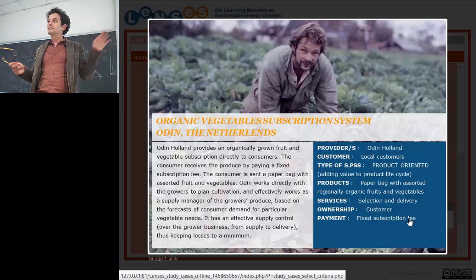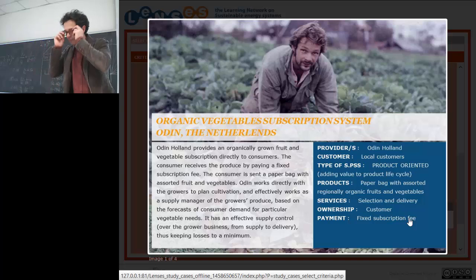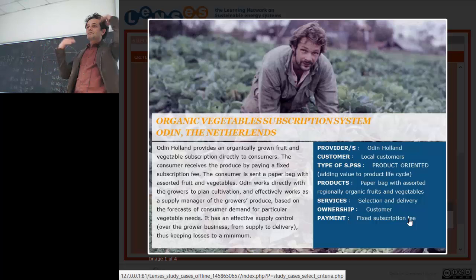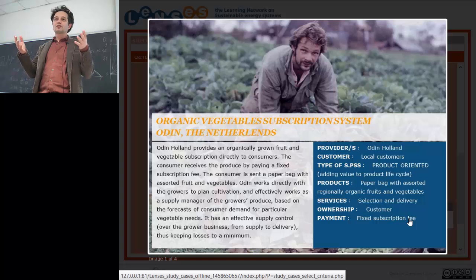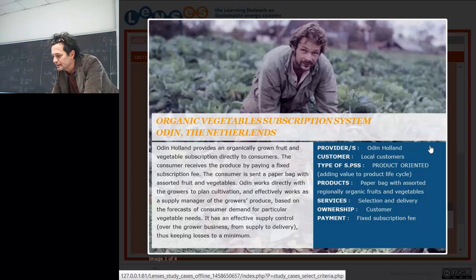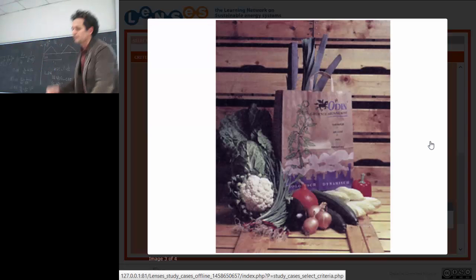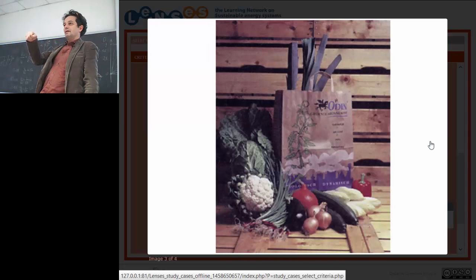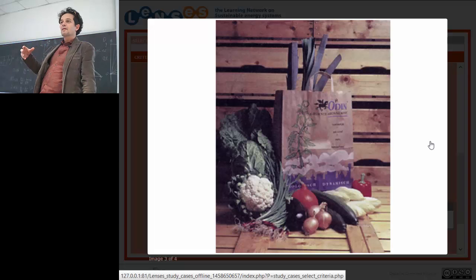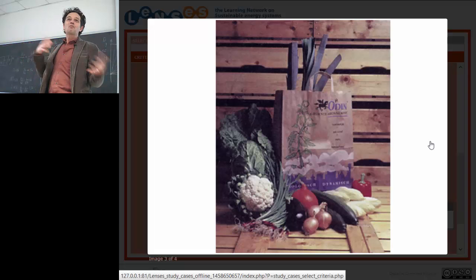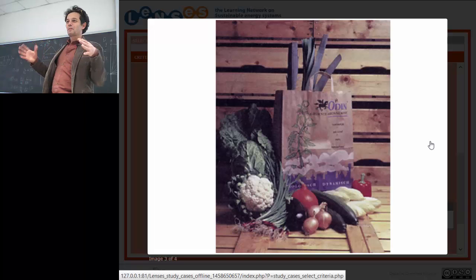This is called Odin, and what they are offering is that you pay a given amount of money, and you receive once or twice a week a sack, a package with fruits and vegetables, but actually you did not decide which are the fruits and the vegetables.